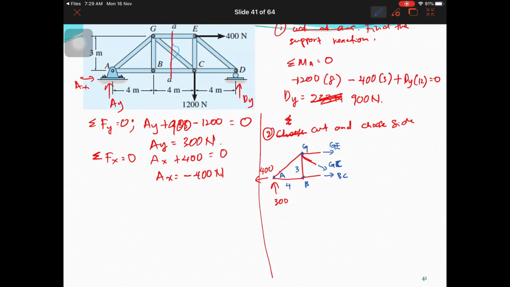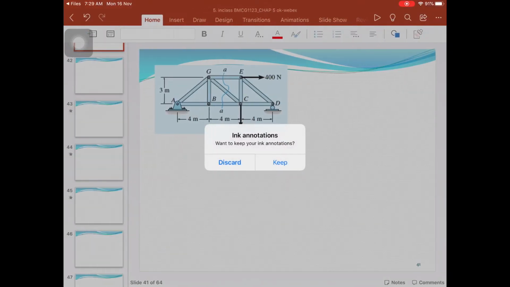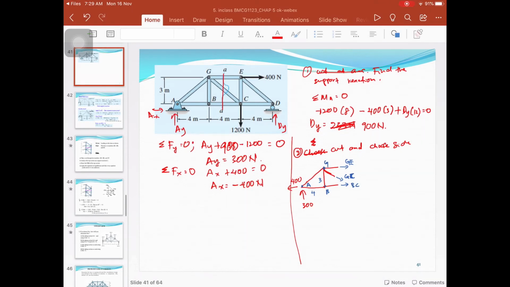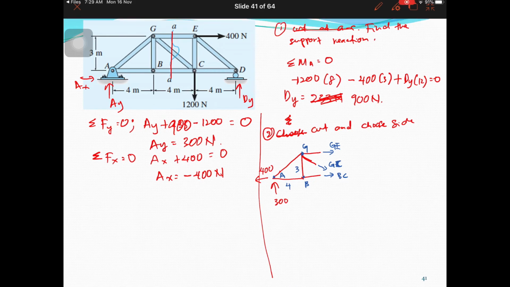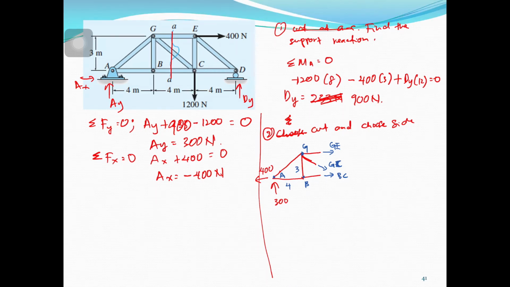Now we can do the analysis using equation of equilibrium. Let's say you want to choose which point. Let's say I start with the moment at G, the easiest moment.